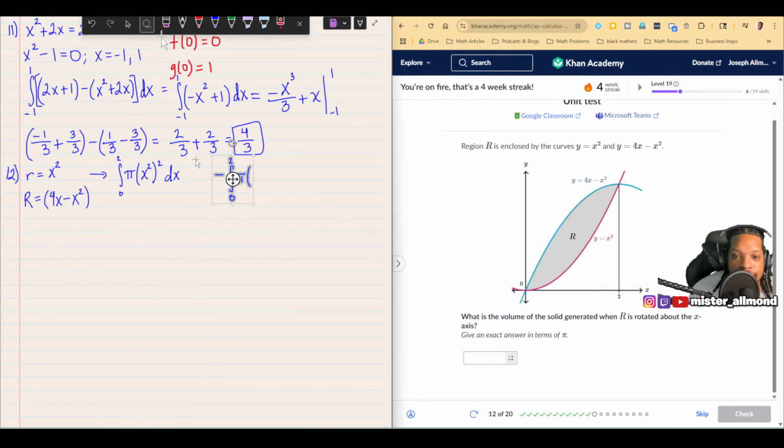Okay. Honestly, I would say master integration and then get a head start on Calc 2. Because if you're not good with integrals and the different integration techniques, then Calc 2 can be a bit of a struggle. So I would say master integration more than anything. That's just my 2 cents.